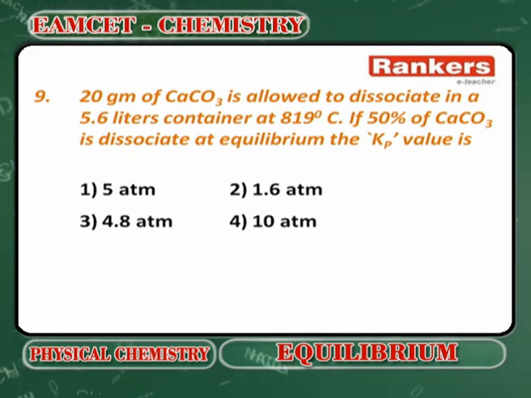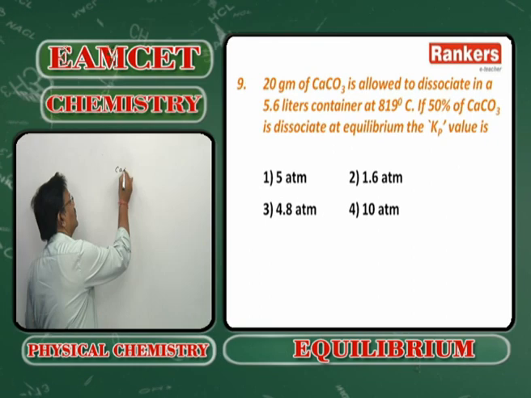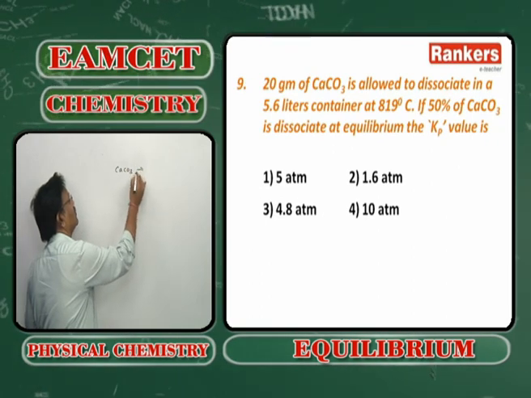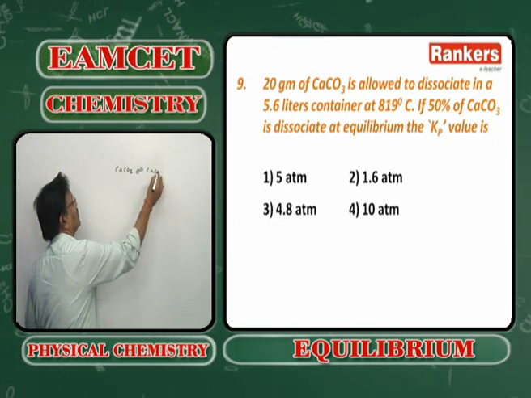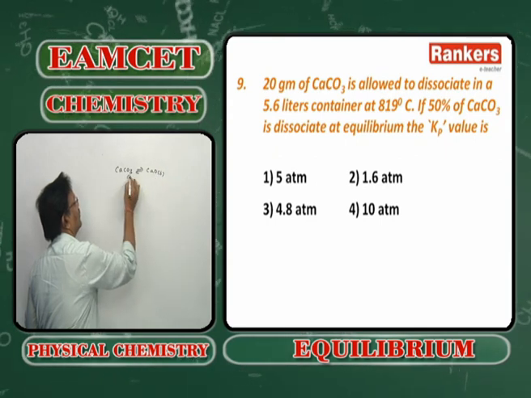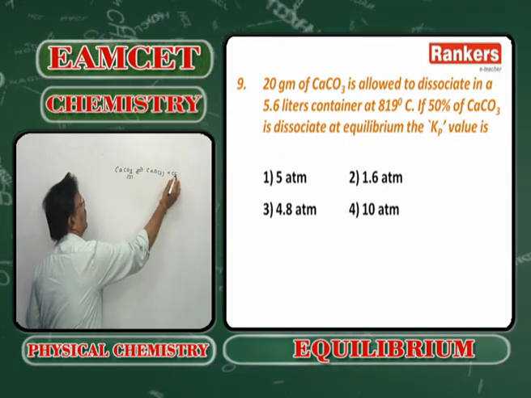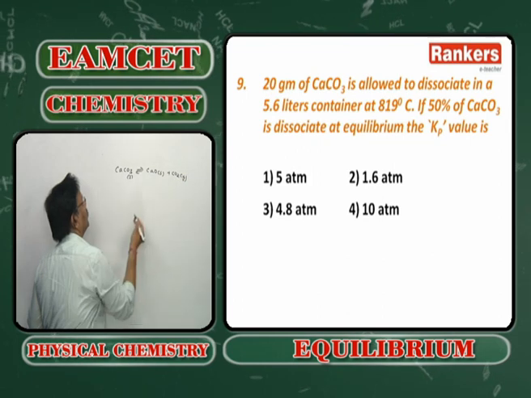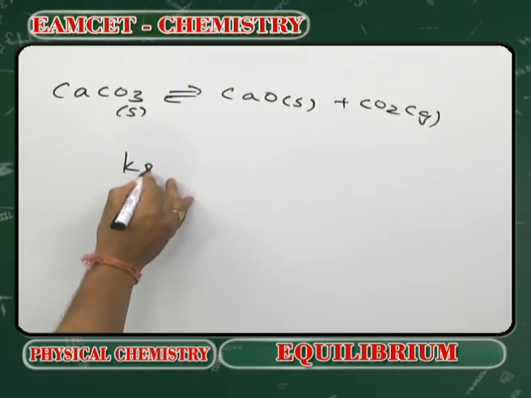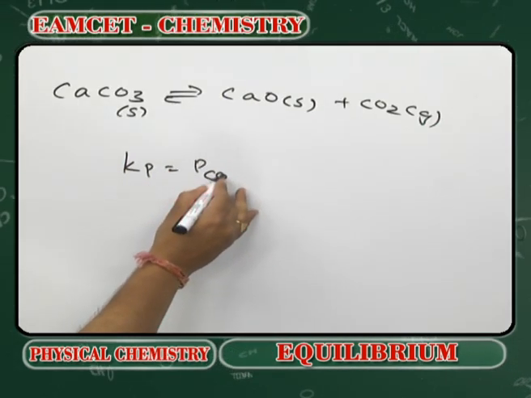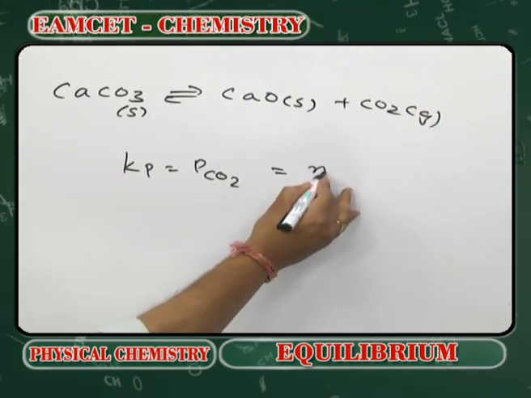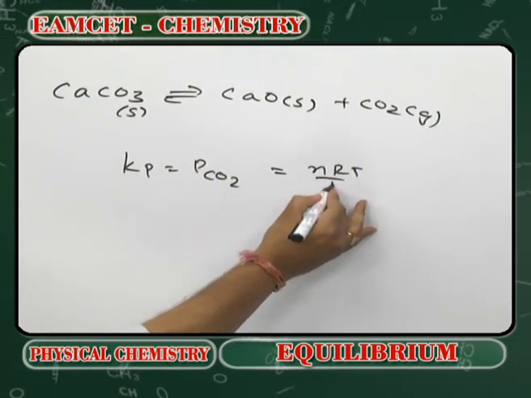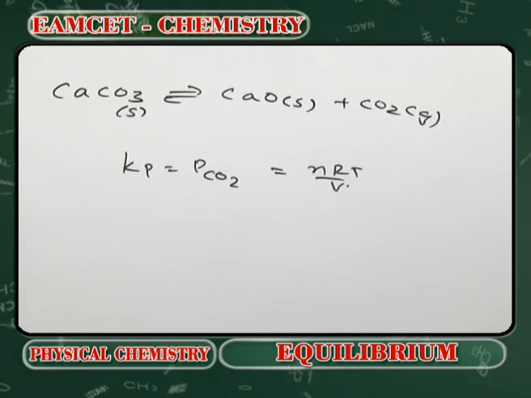Kp's value is nothing but the pressure due to CO2. CaCO3 gives CaO plus CO2. How do you get the pressure due to CO2? nRT by V.